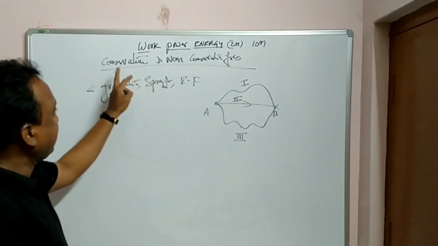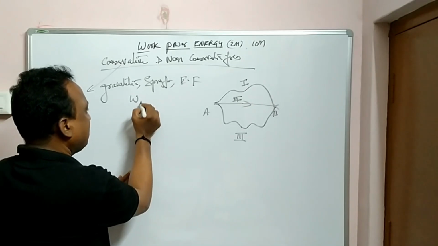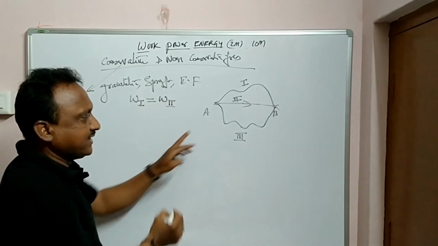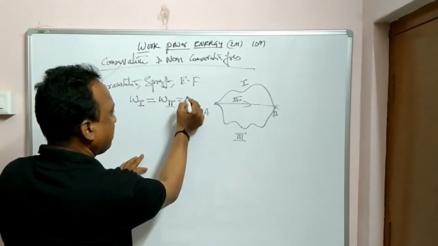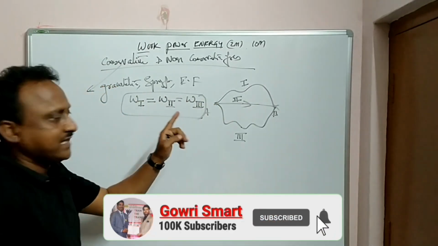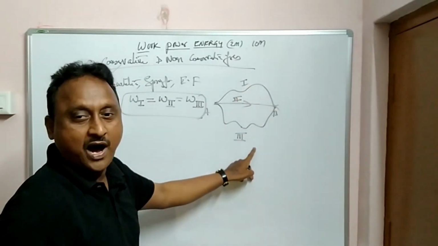That means in conservative forces what happens is work done in first case is equal to work done in second case is equal to work done in third case. That means it depends upon initial and final point but not on the path.